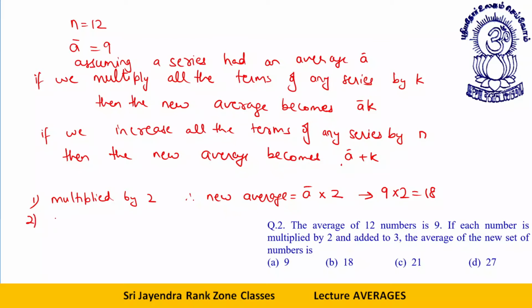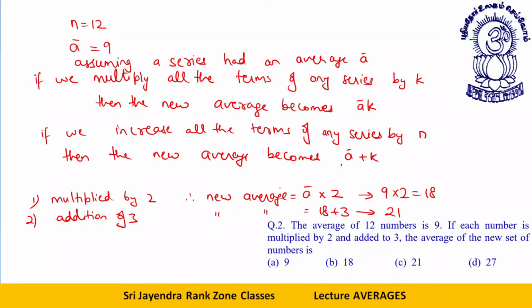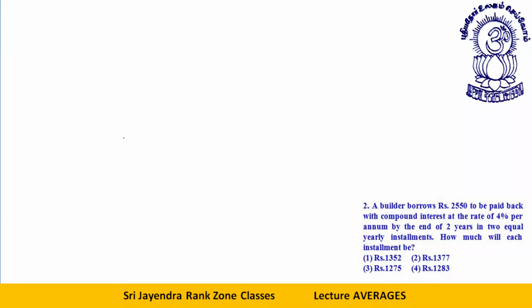Second, addition of 3. Therefore, new average is equal to 18 plus 3. That will give me 21. Okay, this is the new average. Let's move ahead. I hope you have got this basic concept. Let's take further questions.